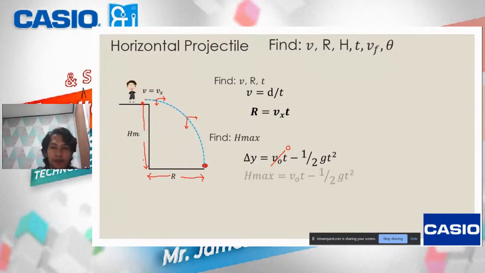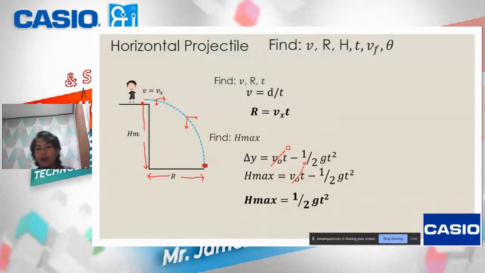Okay? So, this will be our value. Now, notice yung delta y natin, which is simply along y, the distance along y, is just equals to our h max. Ito yun. Okay? And then, since our v naught is 0, therefore, our equation will be maximum height is equals to 1/2 gt square.